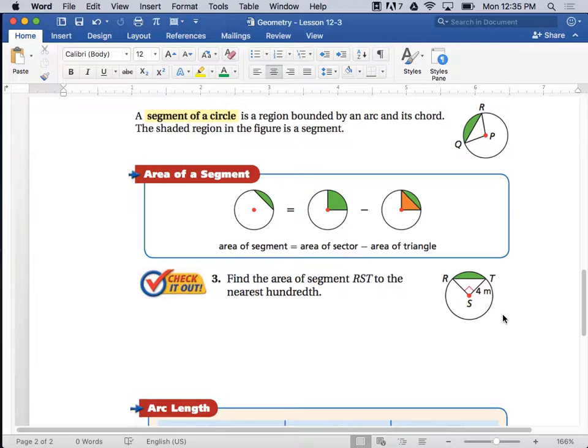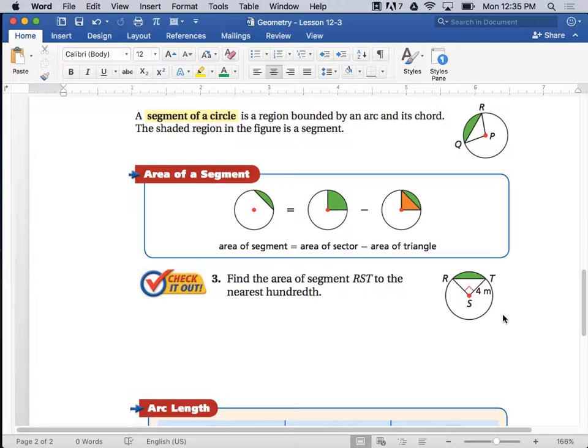You see how this whole thing would be the sector? But then you subtract the triangle out of it, and you're left with just that part. This whole thing would be a sector, but if I subtract the triangle out, I'm left with the segment. Does that make sense? Any questions on that?